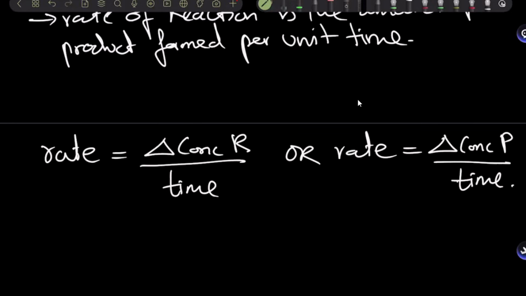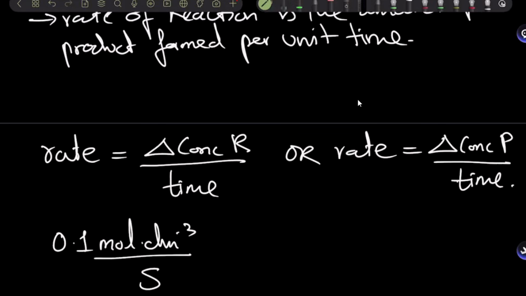So basically, if I say the rate of reaction is 0.1 mole per dm cube per second, what does that mean? It can either mean that this much reactant is being consumed per unit time, or per second, or it could mean that this much product is being formed per second in the same reaction.